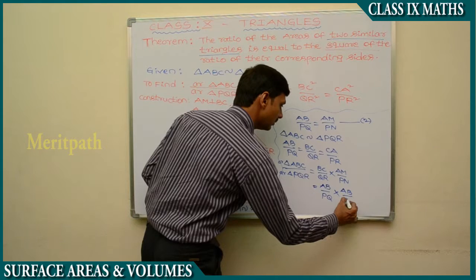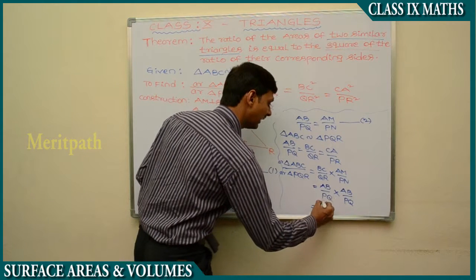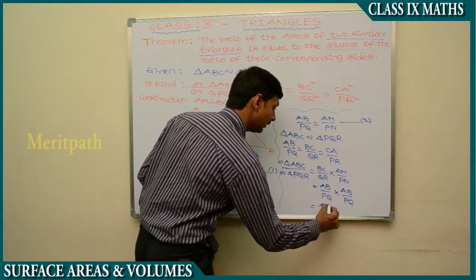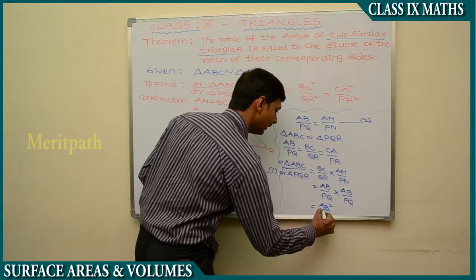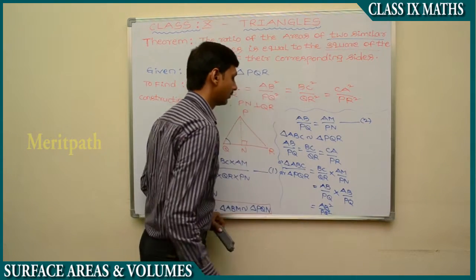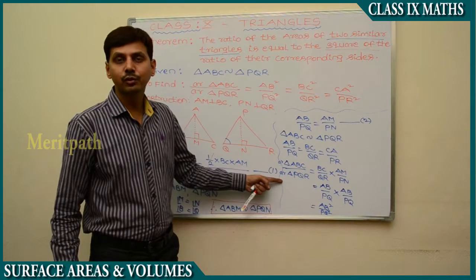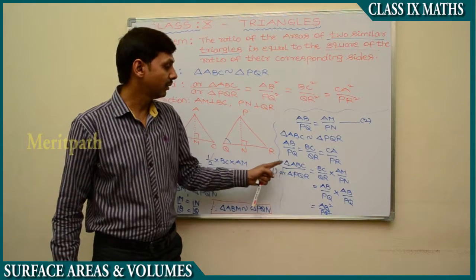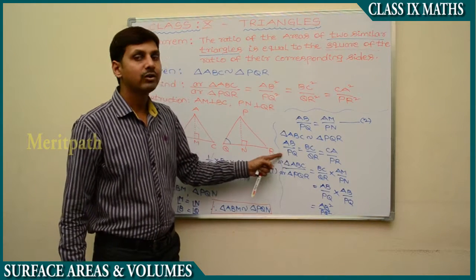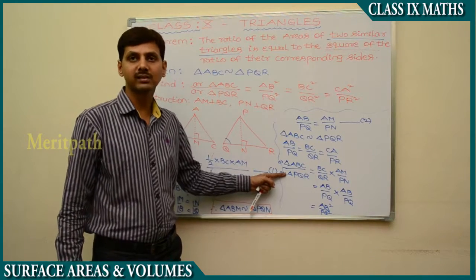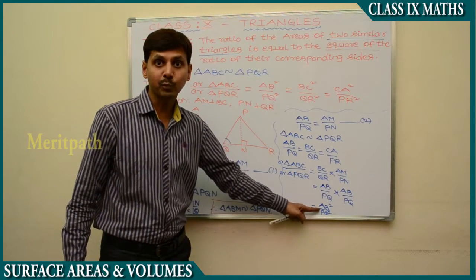Let's multiply these both. So we get AB squared divided by PQ squared. So the ratio of areas of these two triangles is equal to the squares of the corresponding sides.